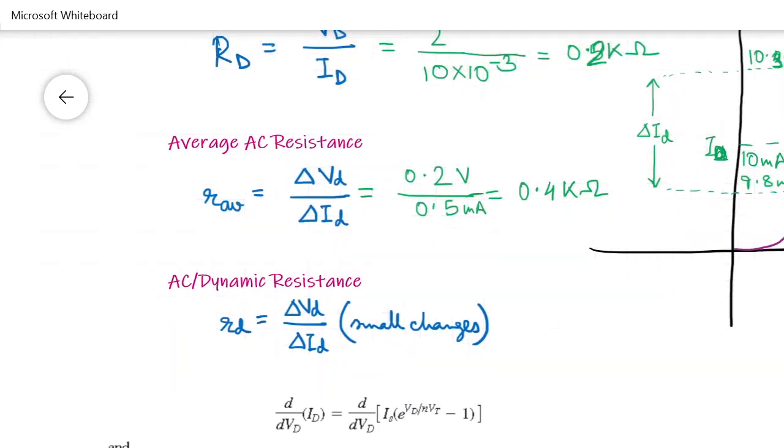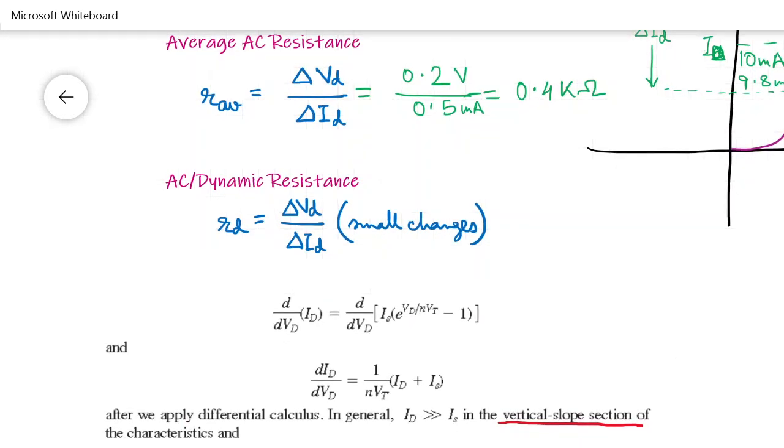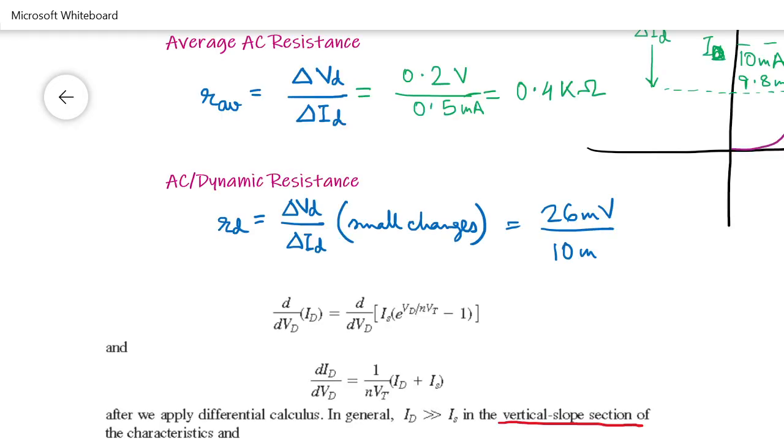In this particular example the current at the operating point is 10 milliampere, so the AC resistance would be 26 millivolt by 10 milliamperes, which is 2.6 ohm.